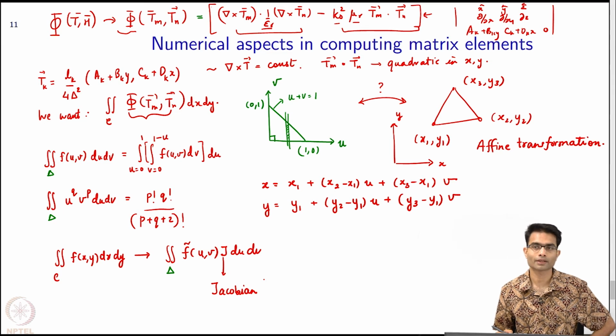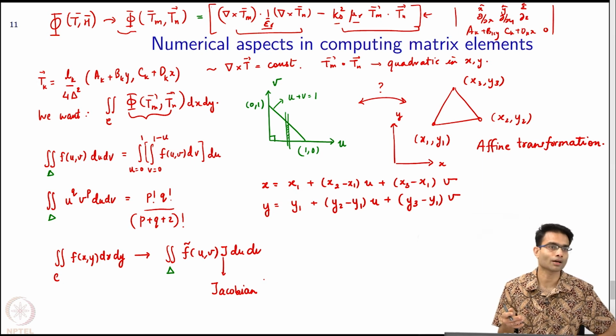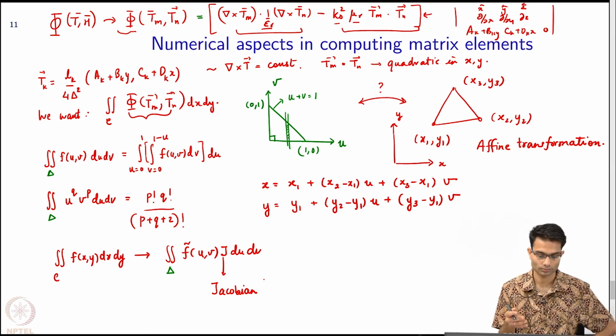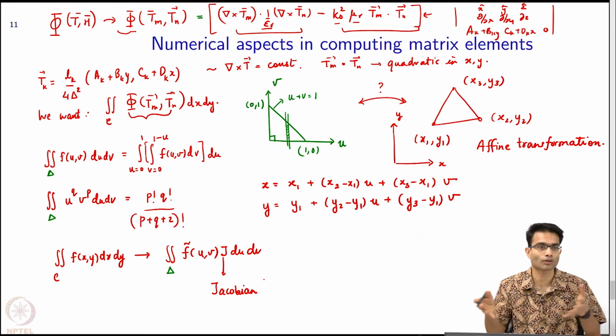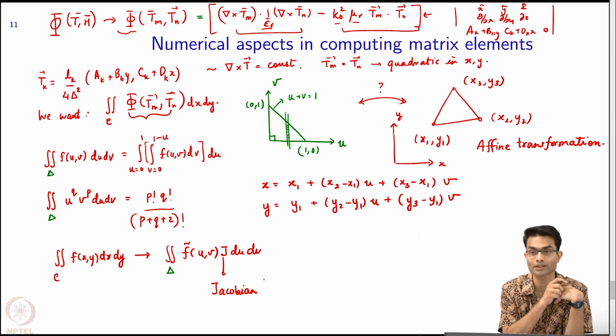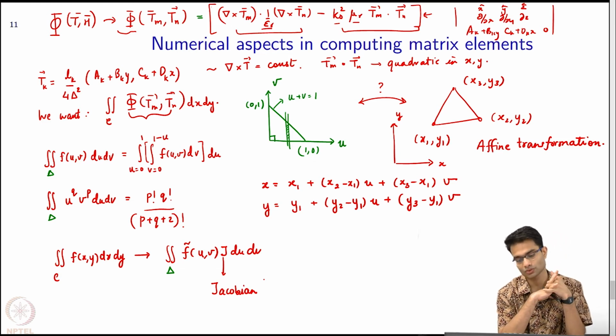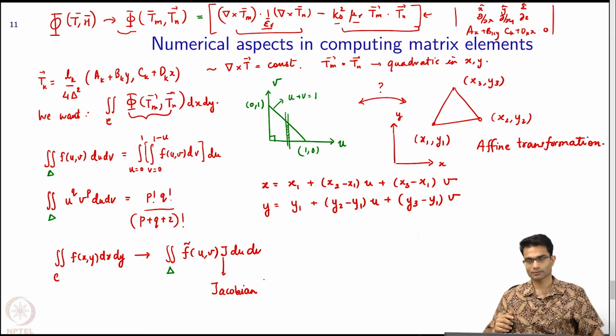So you will get integral dx dy is equal to integral du dv, which makes no sense, right? These two triangles have different areas. So the Jacobian is nothing but the area of the red triangle, because integral du dv is going to give me half, which is the area of the unit triangle. So J will be twice the area.